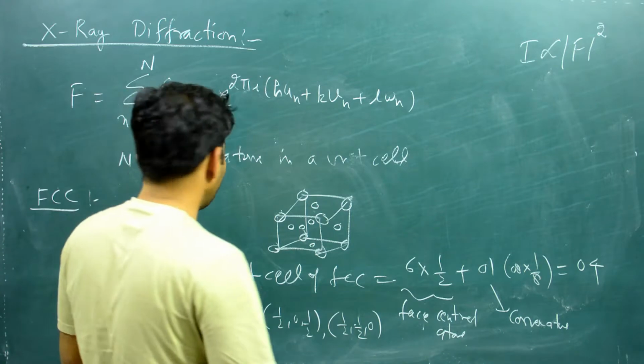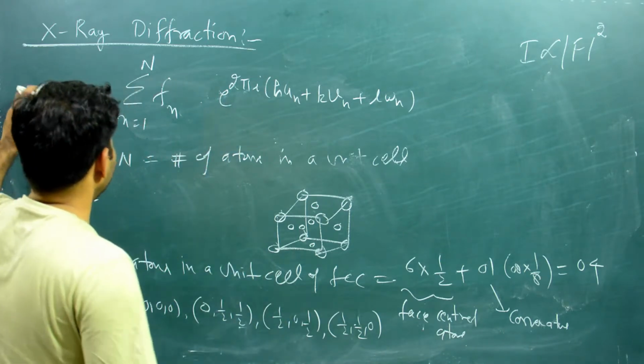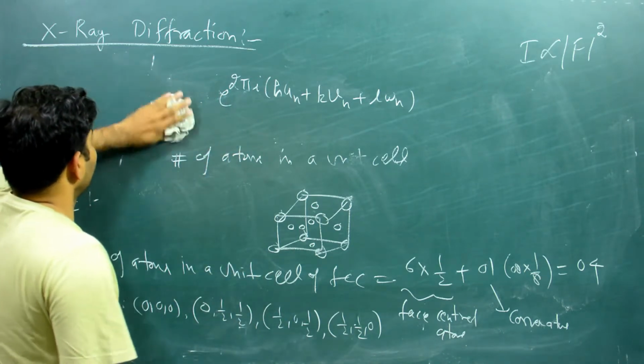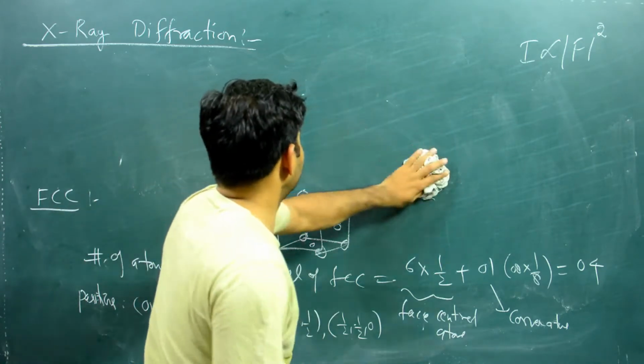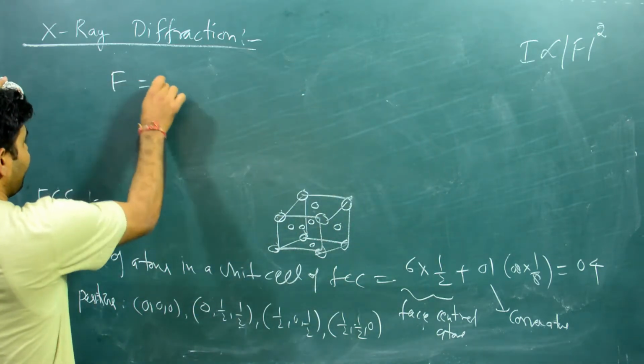So if we want to find the structure factor capital F, for example, in the case of FCC, we have 4 terms this time.